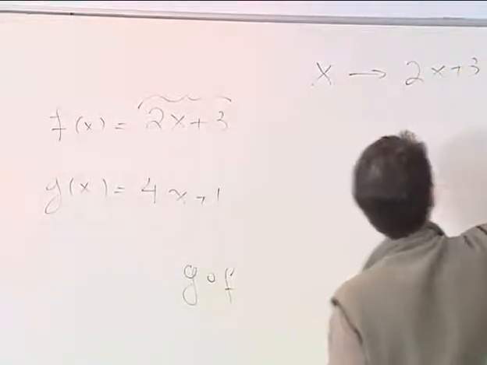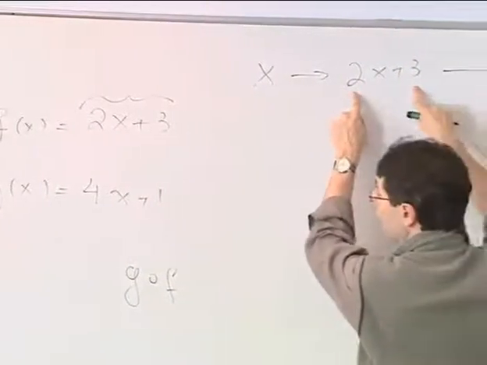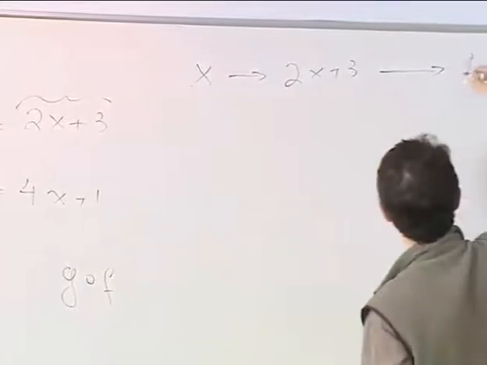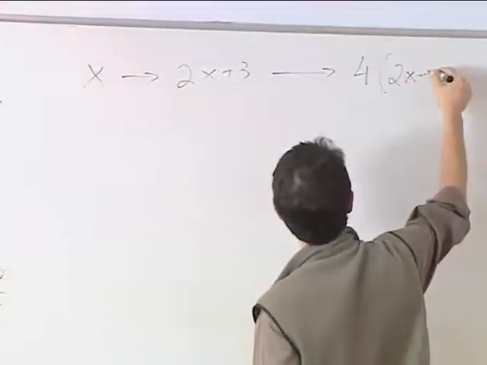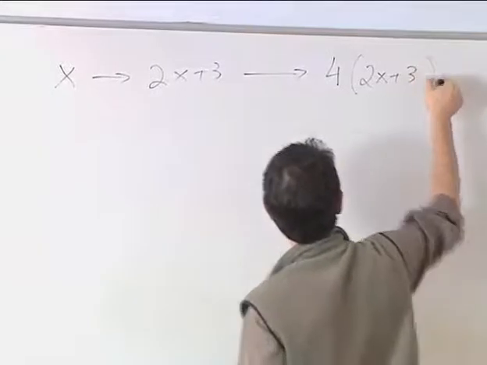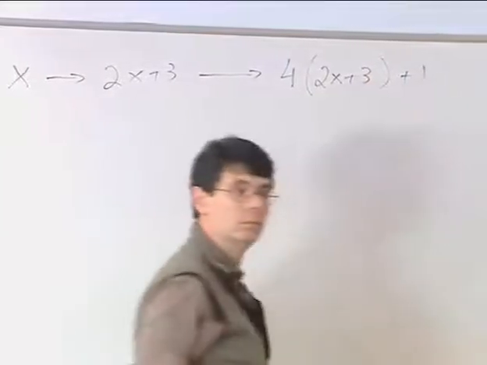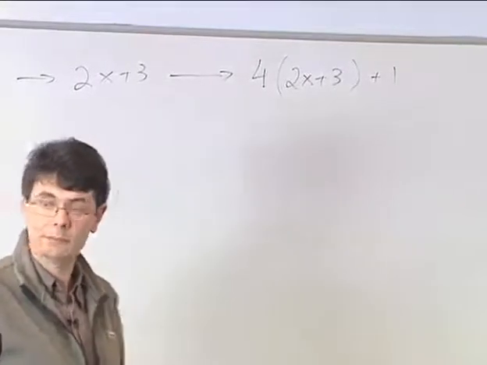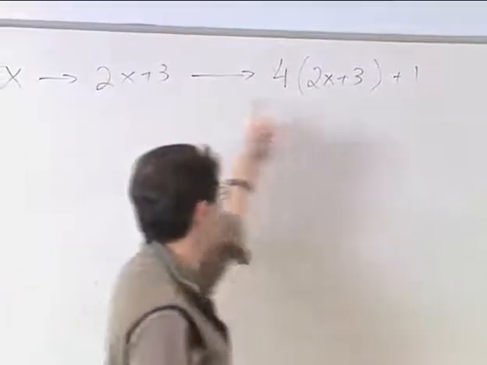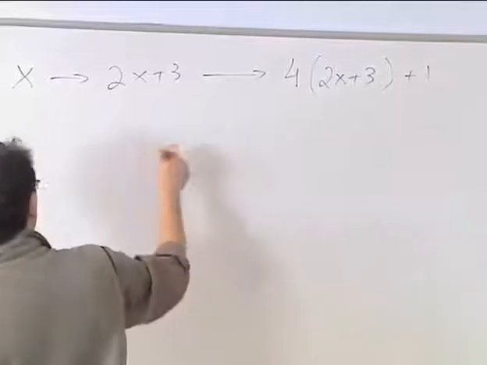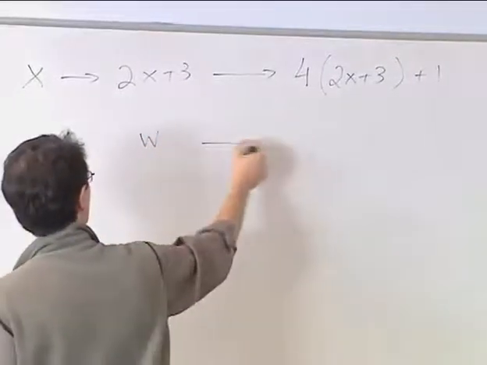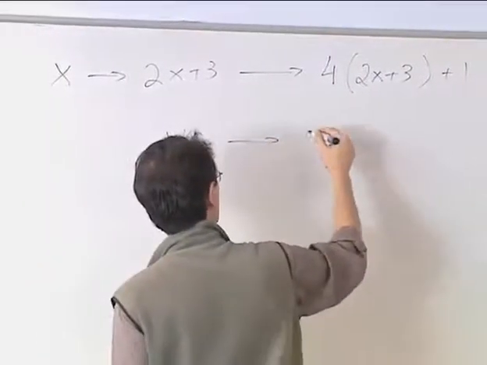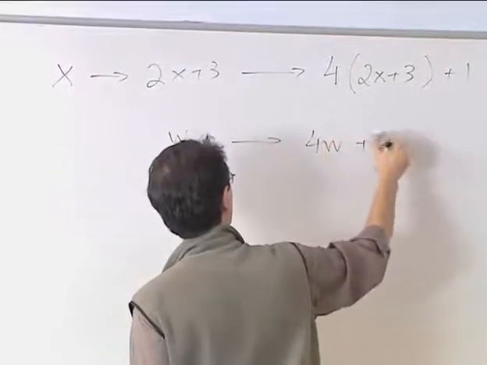And then I take that into the other one. That's what's going on. Okay, I'm going to use this as the input for the other. So that one I'm going to call w. And w goes to 4w plus 1.